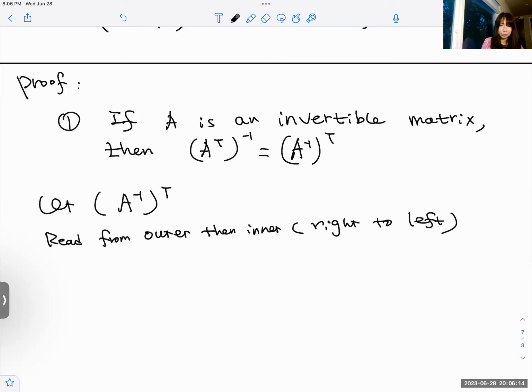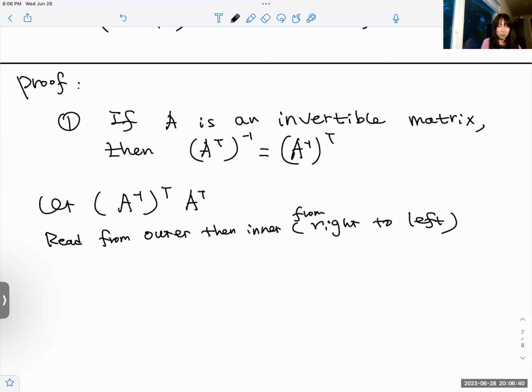So the transpose of the inverse of A, that is transpose of A, from right to left, transpose of A product with the transpose of the inverse of A.